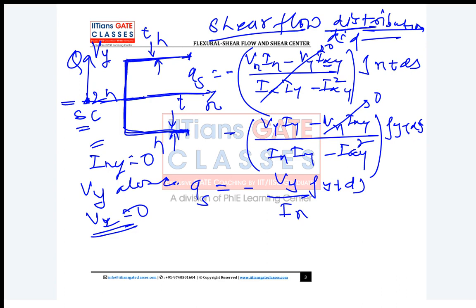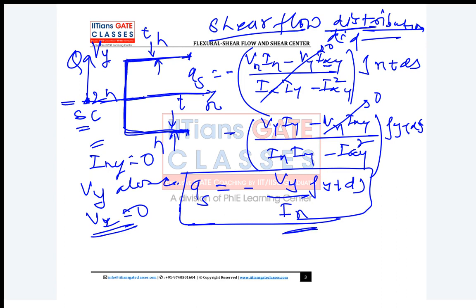Clear? So now guys, tell me, is this tough? If you have a simplified equation, is it tough? This is the easy equation for a channel section. Now guys, one more thing I will tell you.